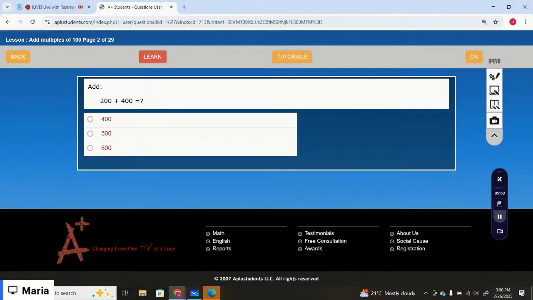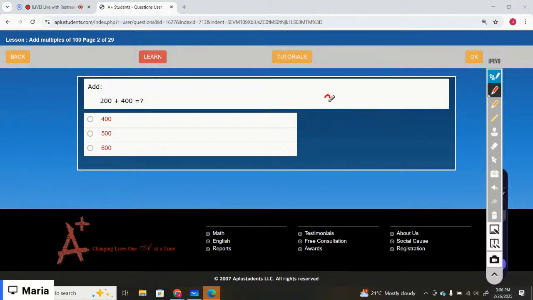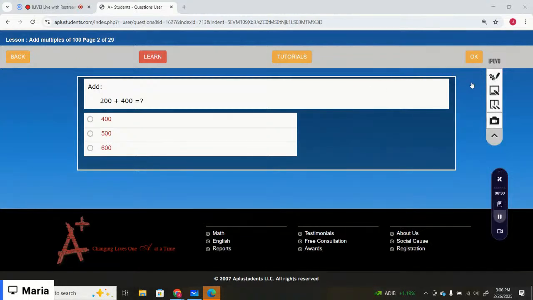200 plus 400, which is the correct option? So let's just write them down one above the other. That is 200 plus 400. So together they make 0 plus 0 is 0, 0 plus 0 is 0, and 4 plus 2 is 6. So the correct option is 600. Option number 3 is the correct option.